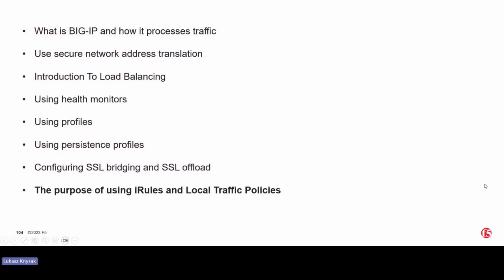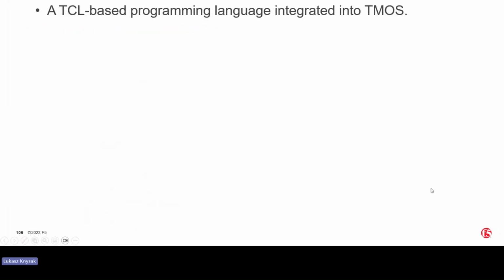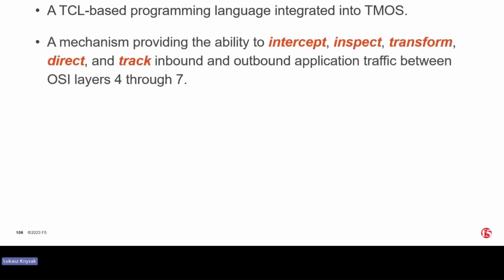So what are iRules? If we talk about iRules, those are scripts based on Tcl, which is tool command language. This is some kind of programming language that F5 decided to use as iRules within the TMOS operating system.